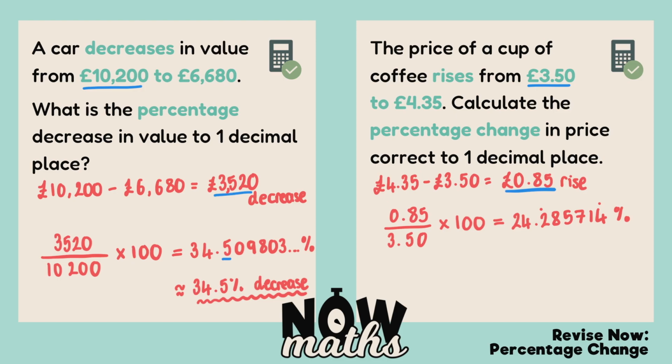And similar to the previous question, we're asked to give our answer correct to one decimal place. So ignoring the fact that this decimal is recurring, if we round to one decimal place, we're going to get 24.3%. So the answer is that there has been a 24.3% rise to one decimal place.